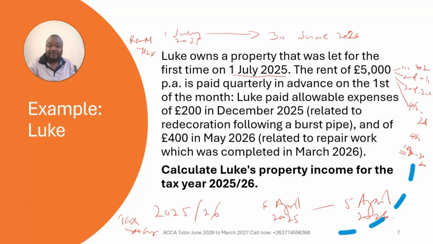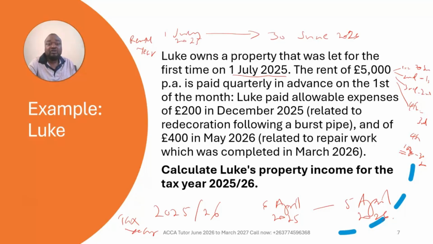So we're going to tax the full 5,000 there. That was the trick. Please replay this part, don't mind the grammar, so that you understand how we arrived at the taxing of the full £5,000.